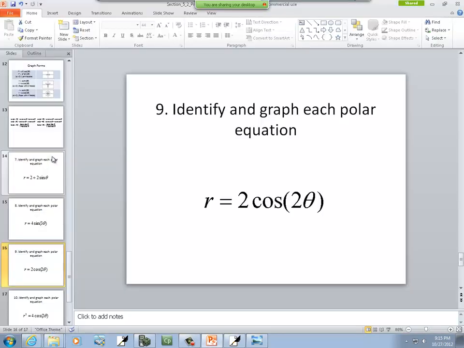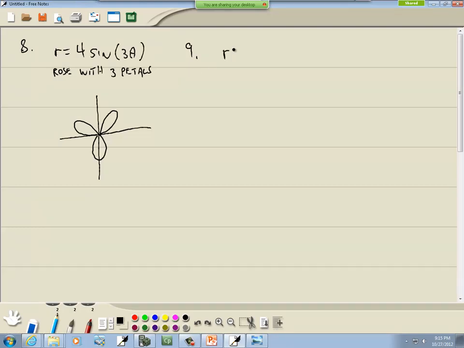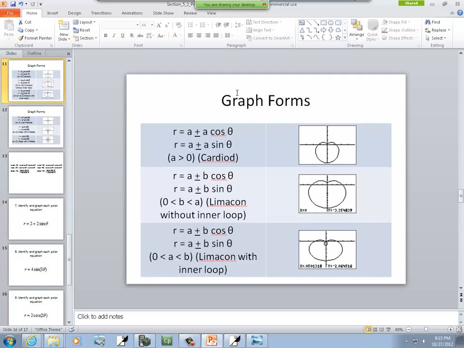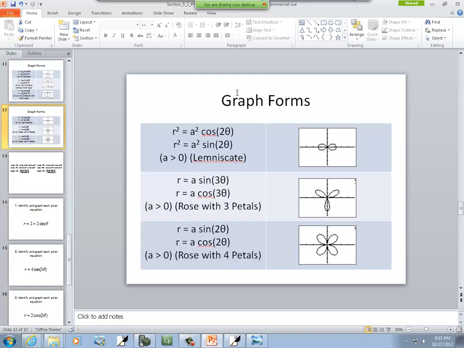Okay, that was number 8. So let's look at number 9. So we got r is equal to 2 cosine 2 theta. Let's go see which one this matches up with. Here's cosine 2 theta. It says rose with 4 petals.